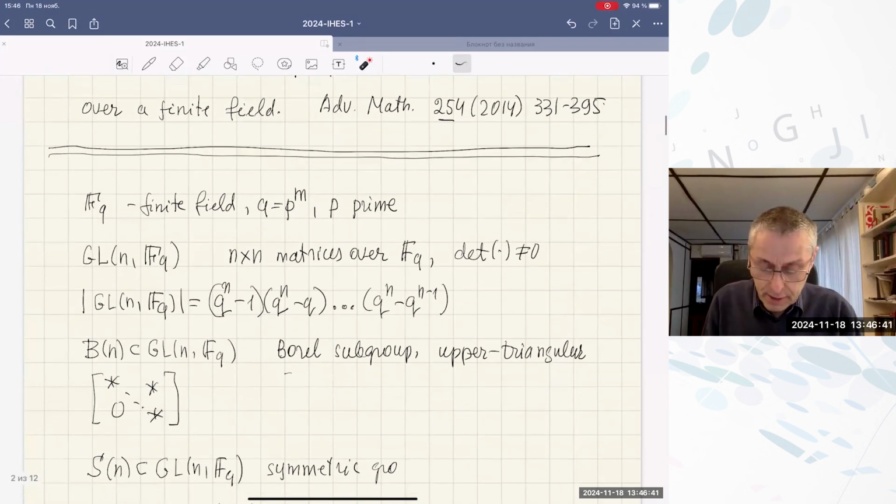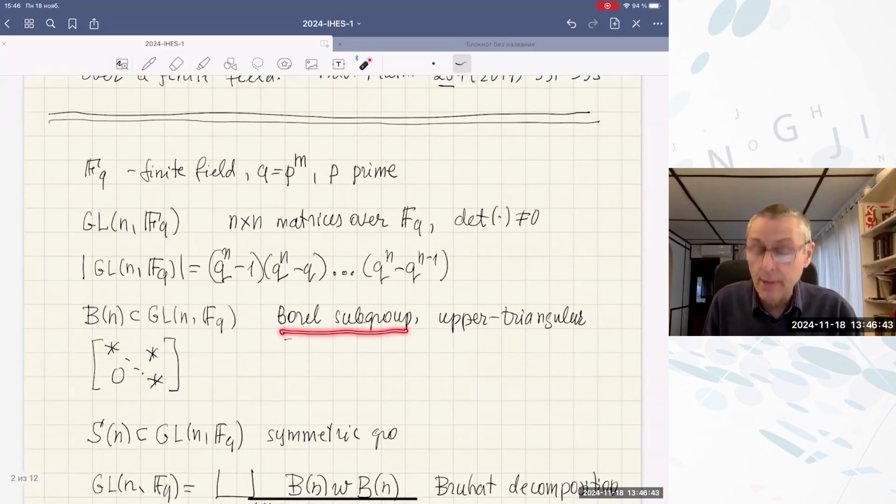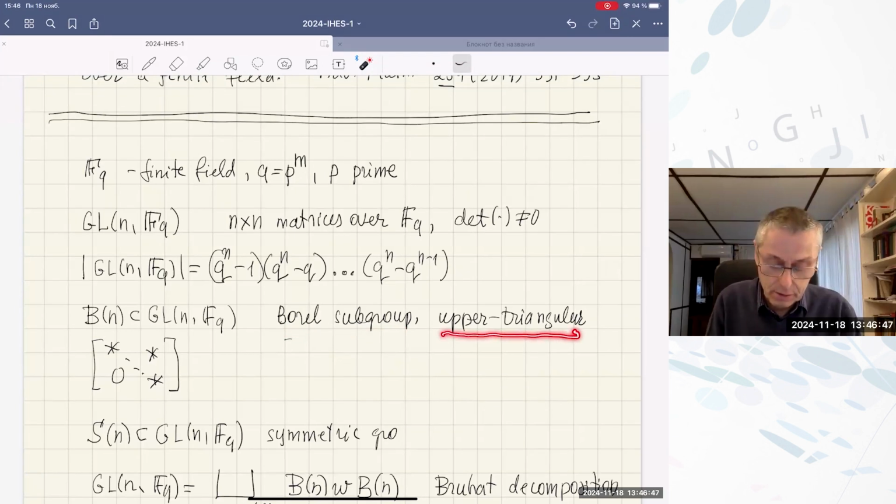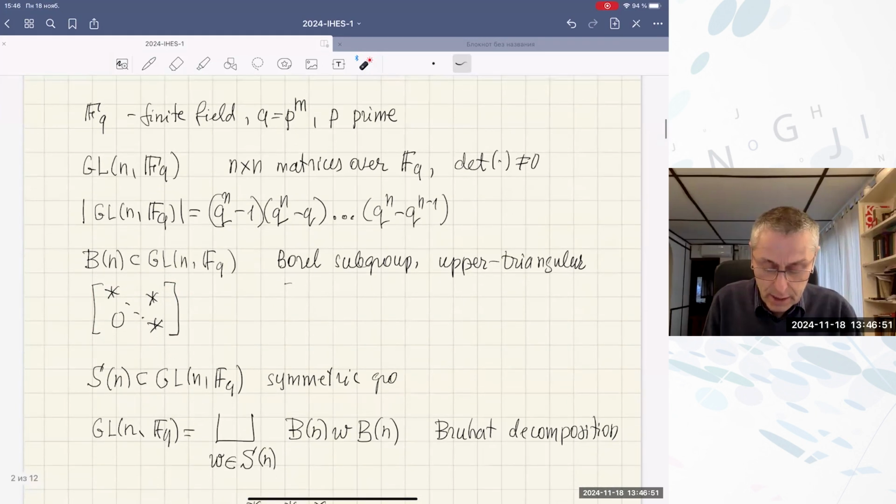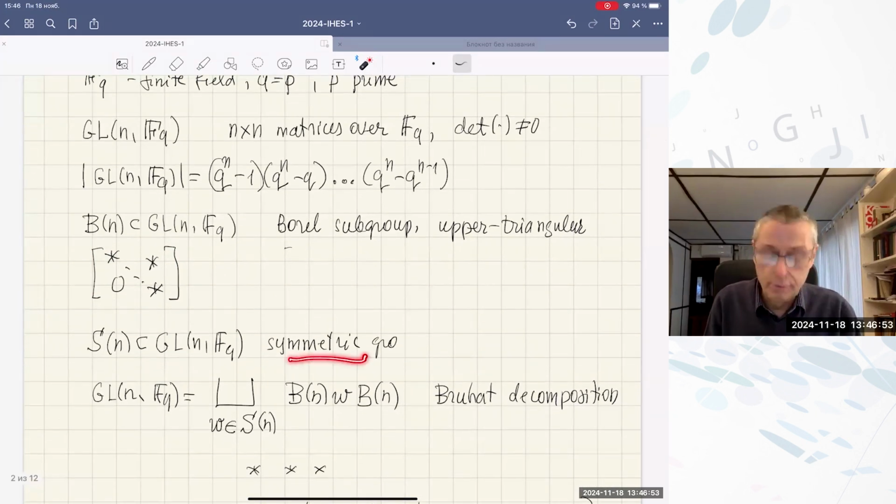Let's consider the so-called Borel subgroup, which consists of upper triangular matrices of such a type. Next, I need the symmetric group, the group of permutations of n elements, which is embedded into this group in a natural way as permutations of basis elements.